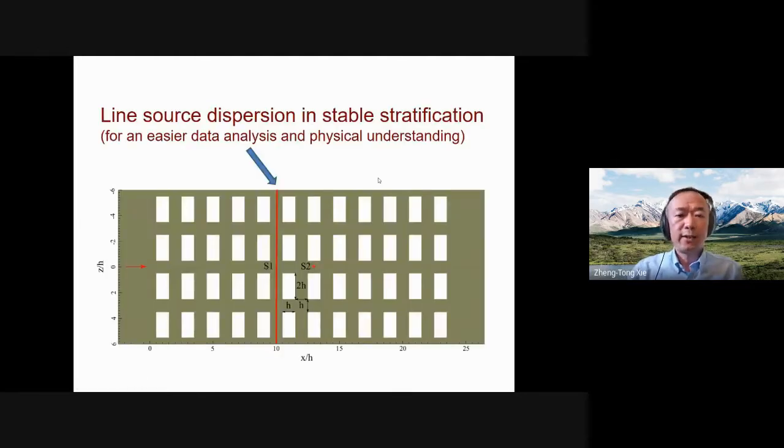Right. Okay. So then we decided to have a more rigorous or controlled simulation of the dispersion in the stratification situation. So we place a source here at 10H.